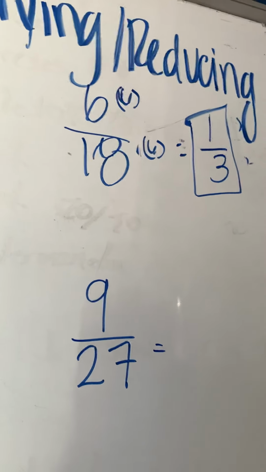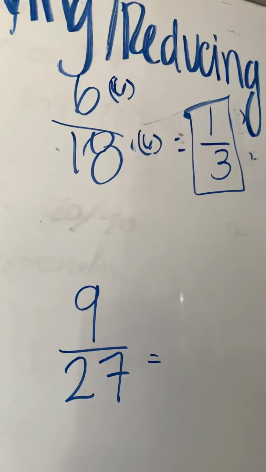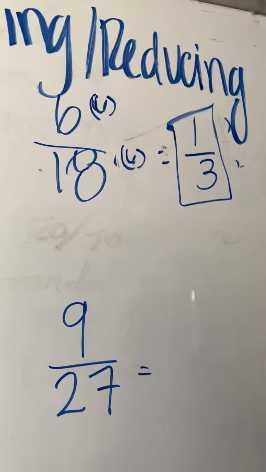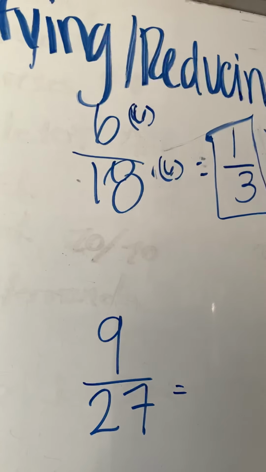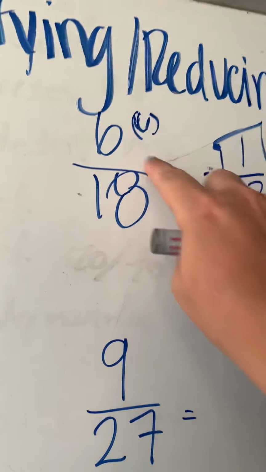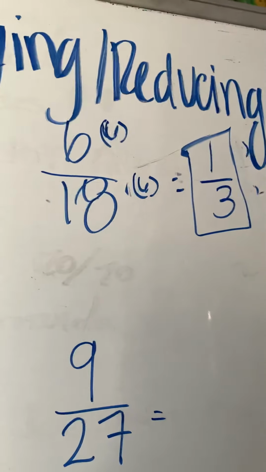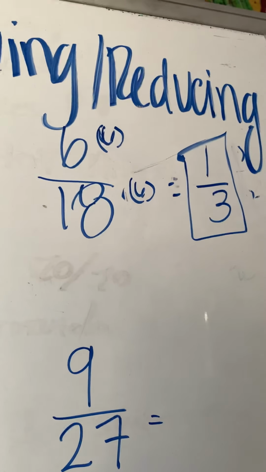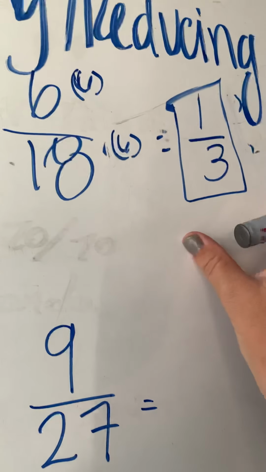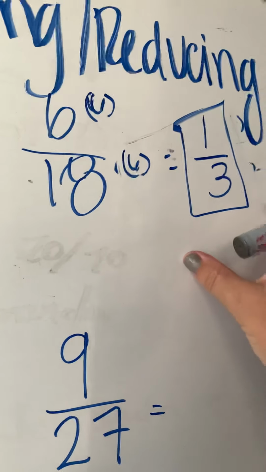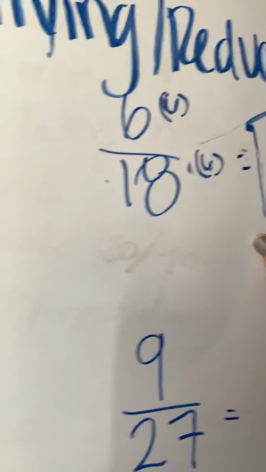So sometimes if you divide it by 2 or you divide it by 3, you have to go an extra step. What you want to do is go to the greatest common factor, the greatest number that both the numerator and the denominator have in common. So 1/3 is the final simplest form. It cannot be reduced anymore.